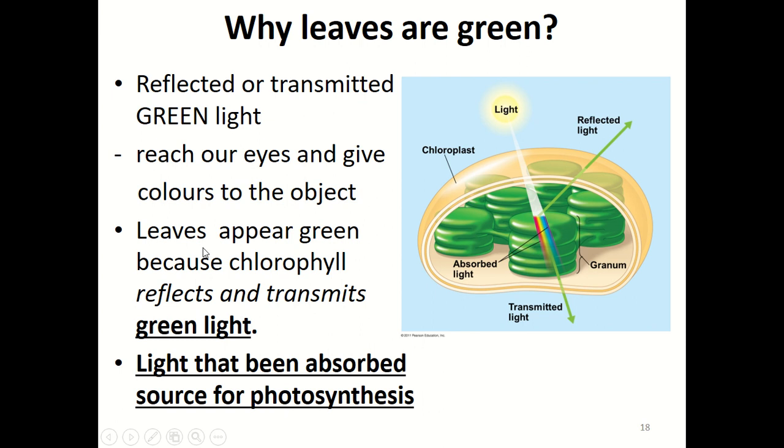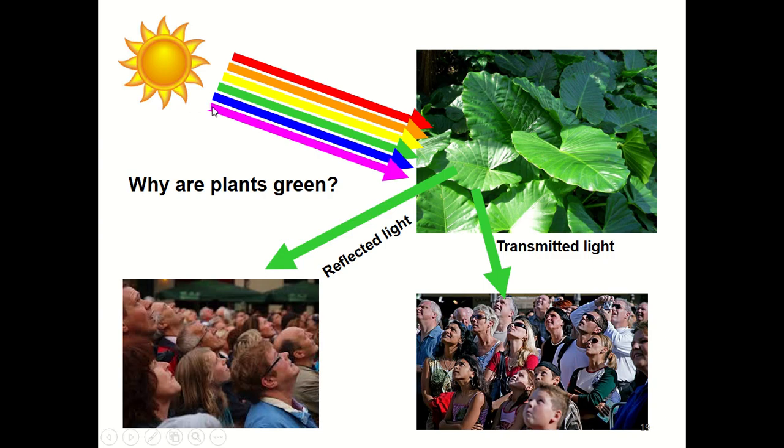So that's why leaves appear green, because chlorophyll reflects and transmits green color. You absorb all of these light colors, but the one that is transmitted and reflected is the green color that is visible to our eyes.